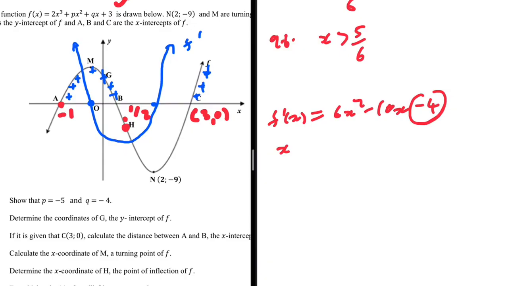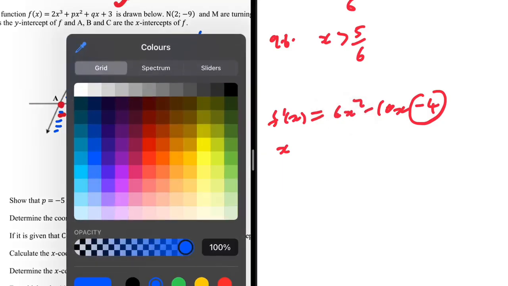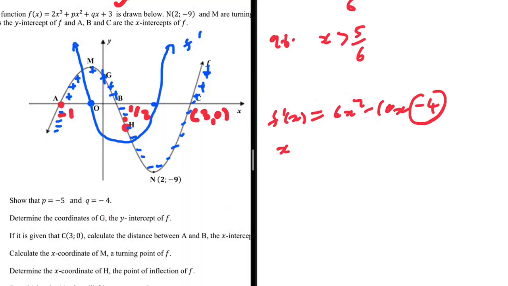And at this part, it is negative. Here, it is also negative. And then let's go to f prime of x and do the same thing. So here it is positive. At this part, it is positive, and here it is negative.